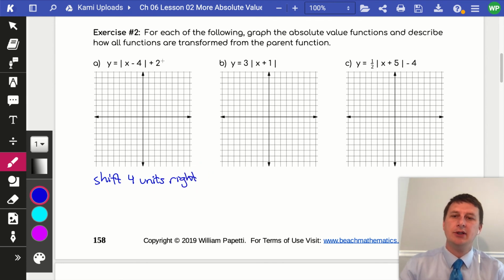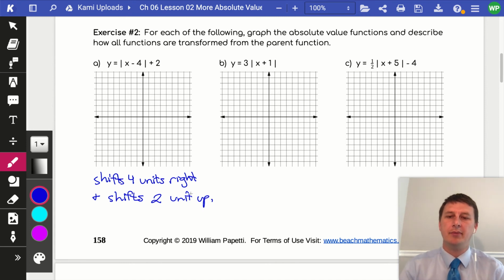And we're adding 2 on the outside of the absolute value. And when we add 2 on the outside, that shifts 2 units in what direction? And if you said up, you're correct. So it shifts 4 units right and shifts 2 units up.